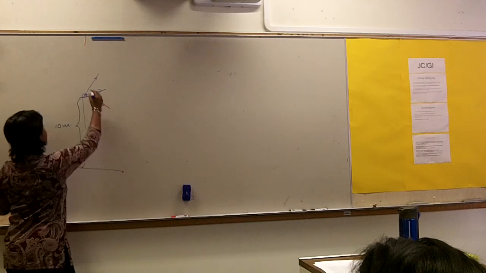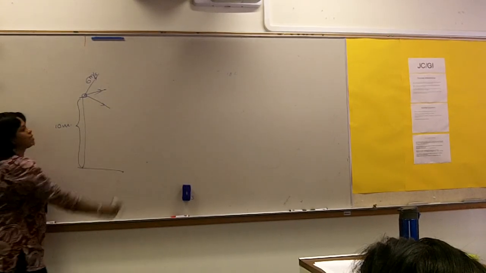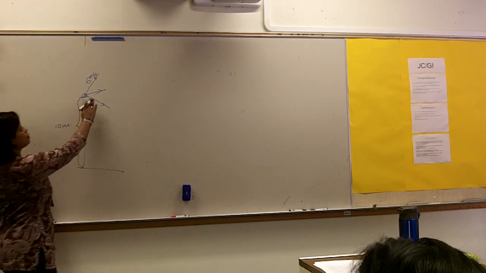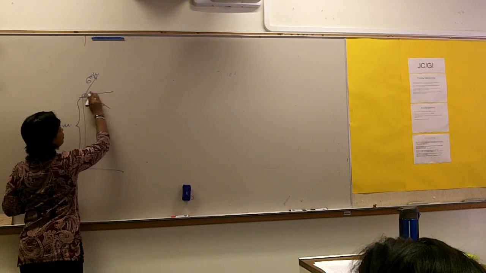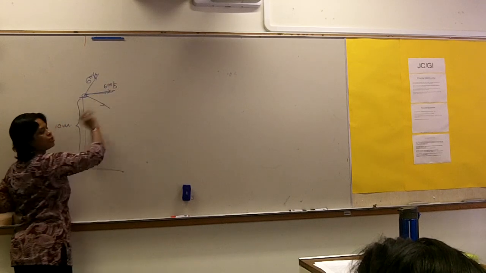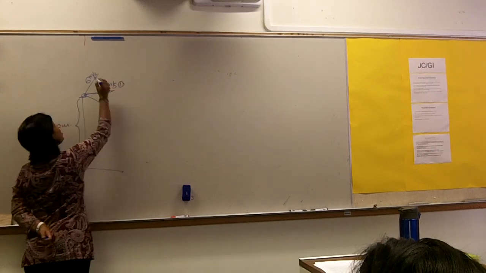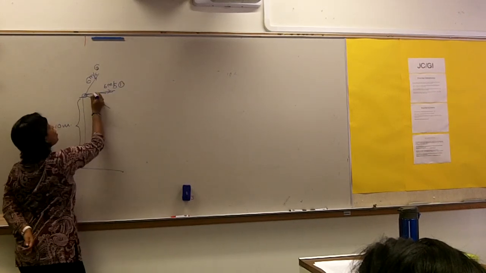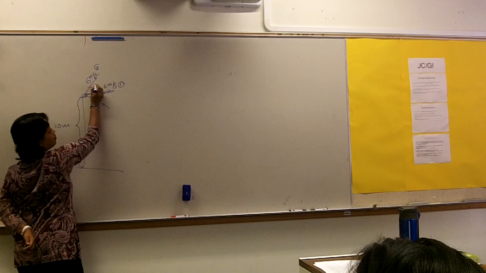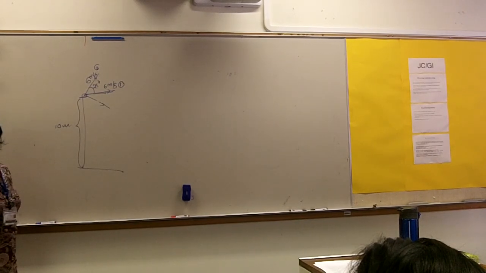Let's say, as an example, you throw the ball at 6 meters per second horizontally. This is number one. Number two, you are throwing it at our favorite angle of 25 degrees upwards.